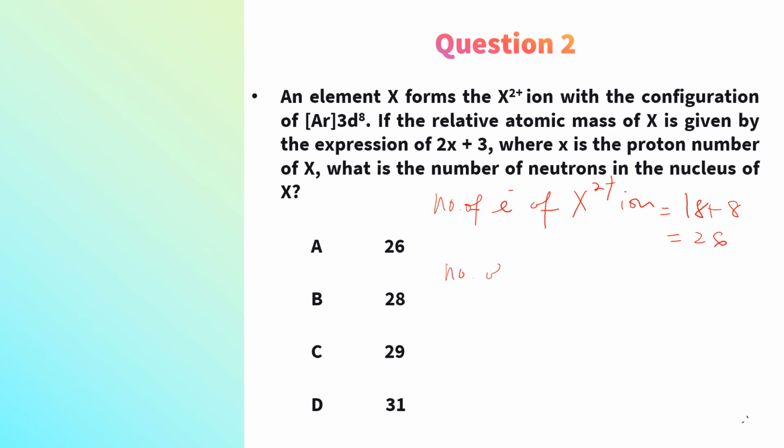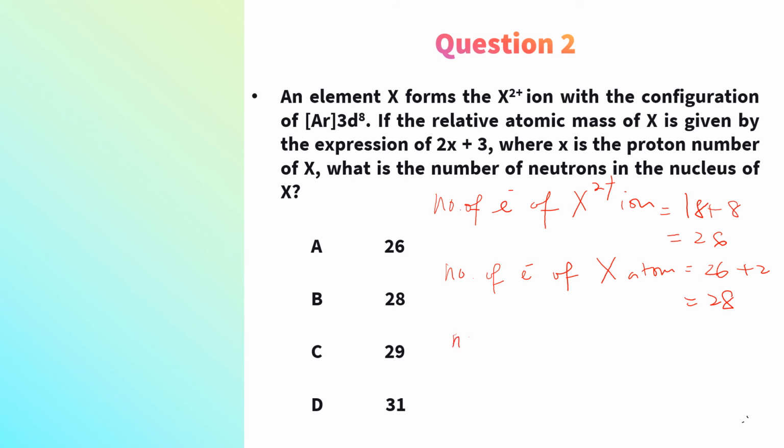Then hence the number of electrons of the neutral atom, X atom, is 26 plus 2, because it's a positive ion, meaning the neutral atom must add 2, because a positive ion donates electrons. When the atom donates 2 electrons, it becomes a 2+ ion. So we have to add the 2 electrons, so you get 28 electrons for the neutral atom.